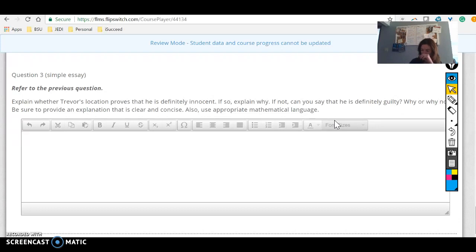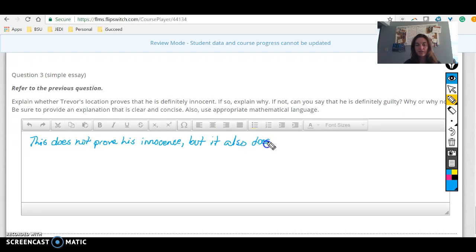So what I would say here is, okay, he's in the overlapped area, so this does not prove his innocence, but it also doesn't mean that he is guilty.